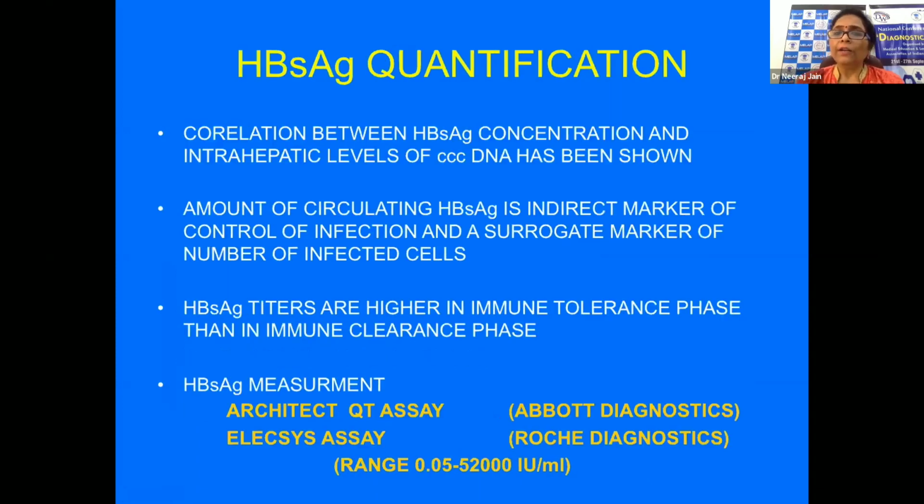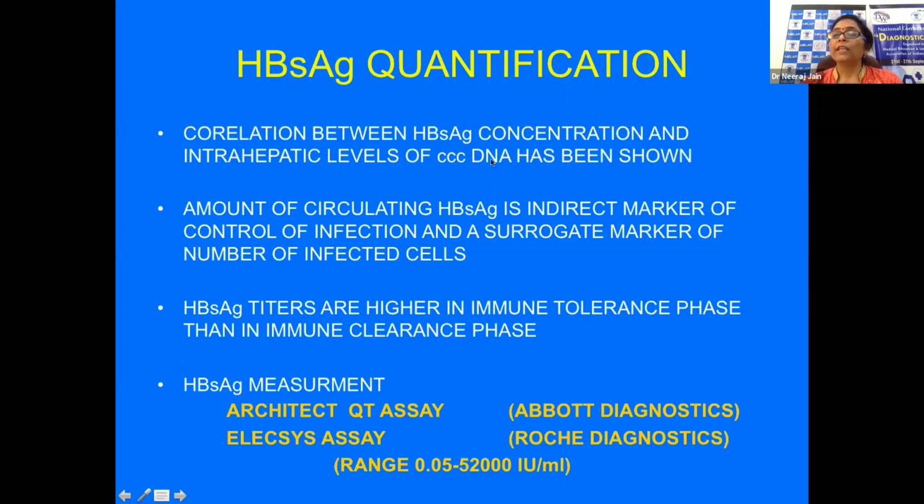Recently, a lot of interest has developed in HBs quantification. That means we not only say that this is HBs antigen positive, we also quantify this antigen. It has been seen there is a correlation between HBs concentration and intrahepatic level of cccDNA, which is a marker of infection.